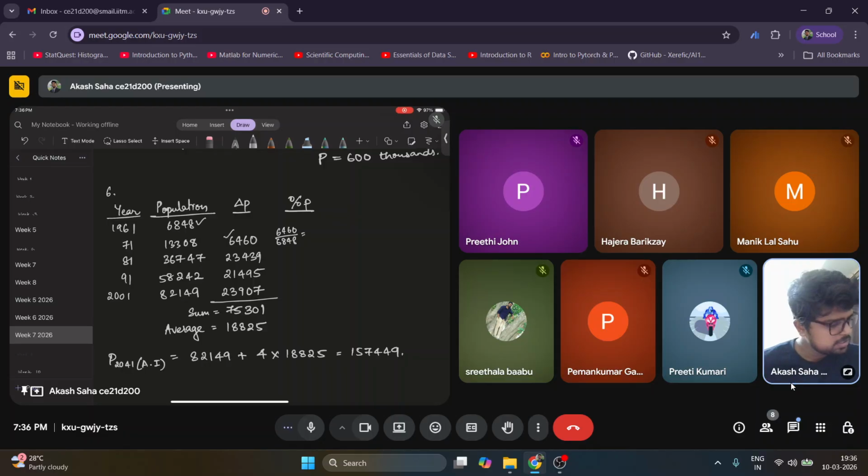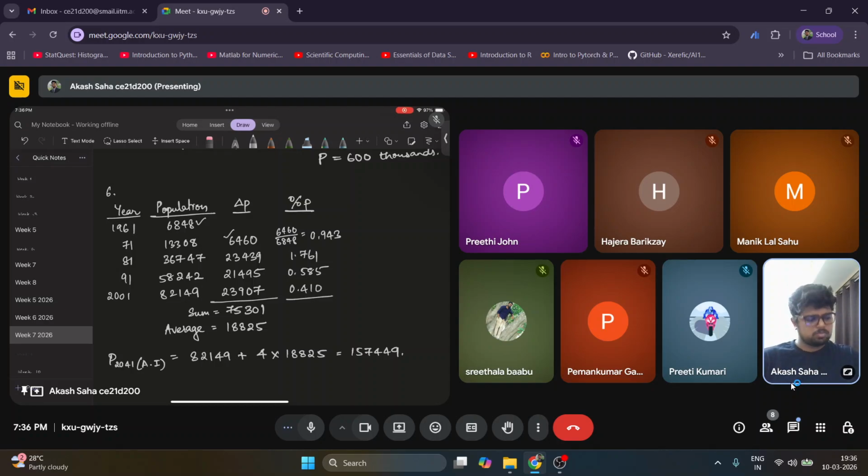So it will be 0.943. Similarly, for other decades, it will be 1.761. Then it will be 0.585. Then it will be 0.410. Okay.